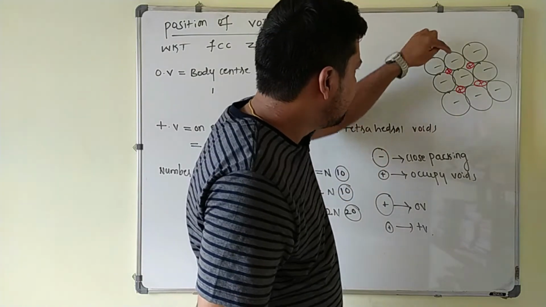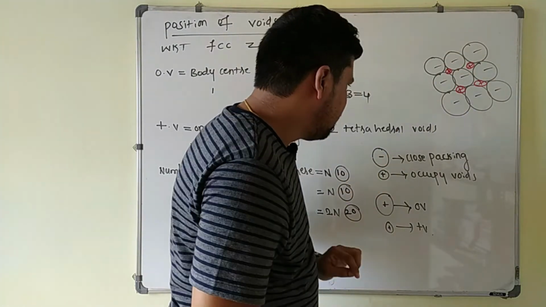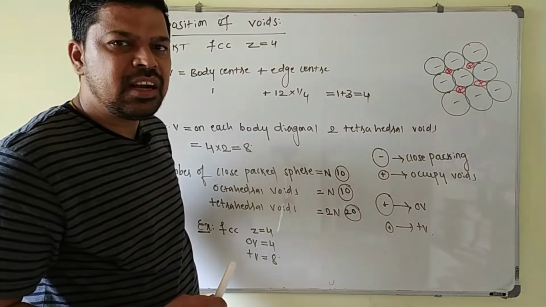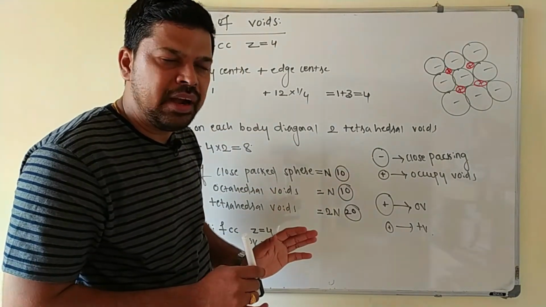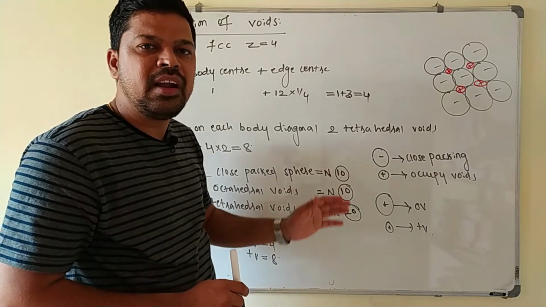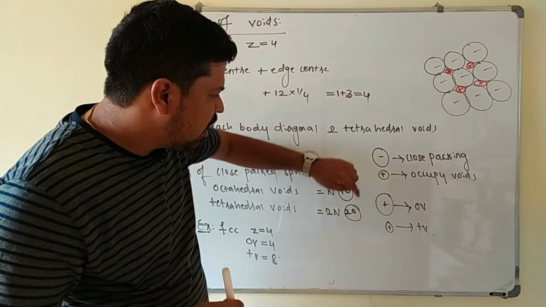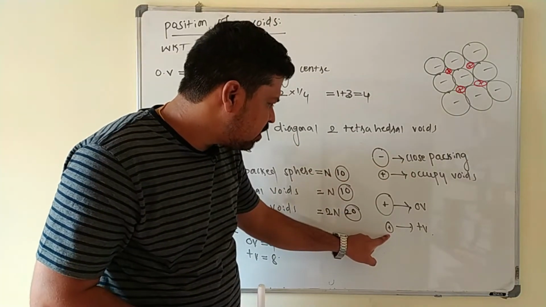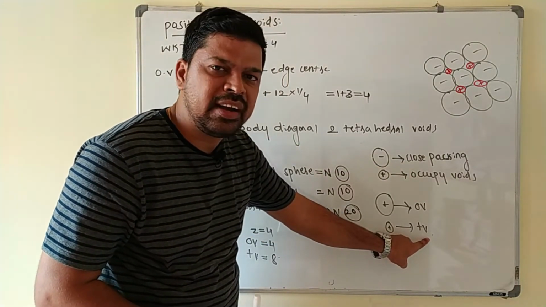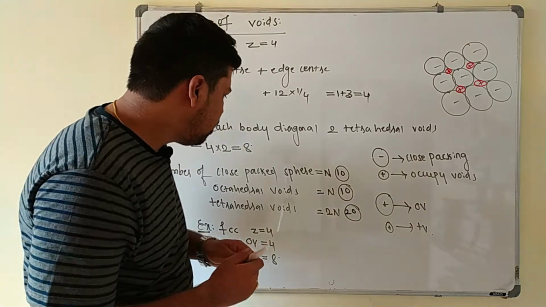It is not necessary that all the tetrahedral and octahedral voids that are formed must be occupied. Only a fraction of octahedral and tetrahedral voids are occupied. If the cation is larger, it will occupy octahedral voids. If the cation is smaller, it will occupy tetrahedral voids.